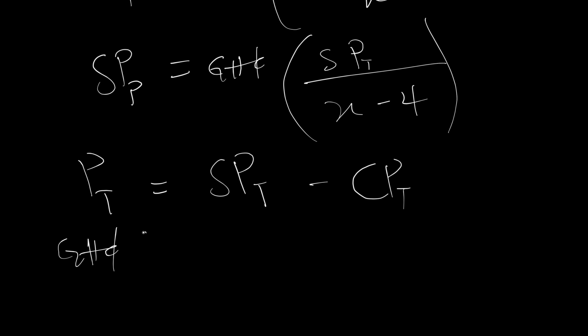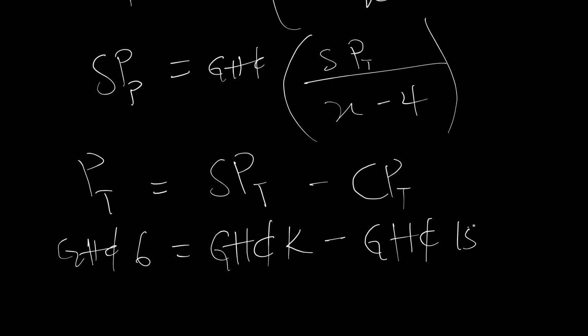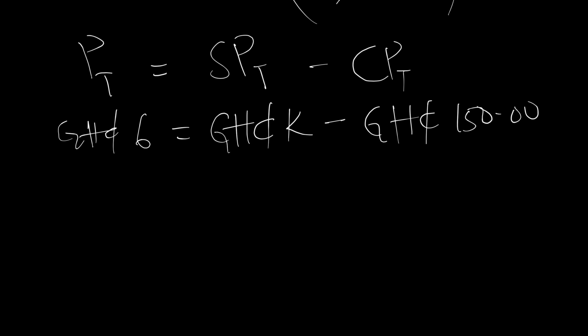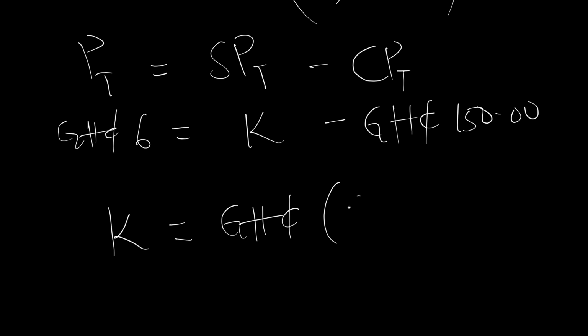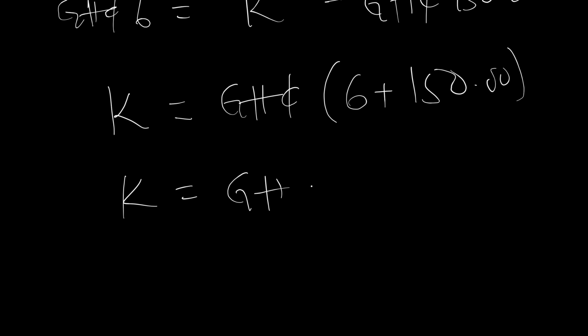So Ghana cedi 6 is equal to total selling price, which we don't know, so let's represent this by K, minus the total cost price, 150. So K will be equal to Ghana cedi 6 plus 150, so K will be equal to Ghana cedi 156.